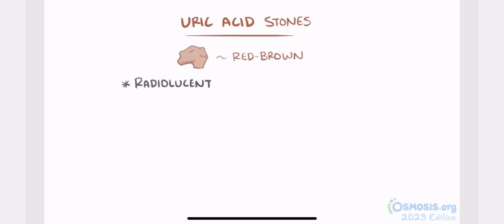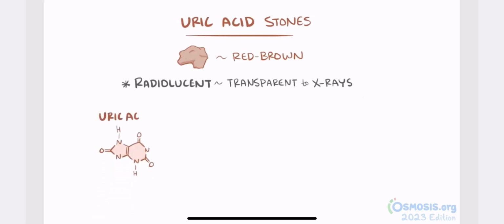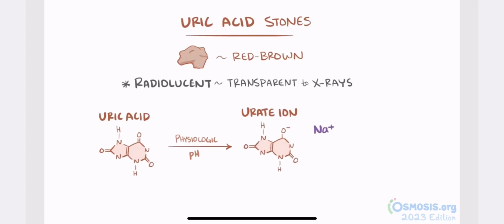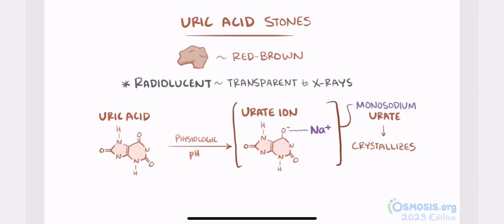There are also uric acid stones, which are red-brown in color and radiolucent under an X-ray, meaning that they're transparent to X-rays and don't usually show up very well. At a physiologic pH, uric acid loses a proton and becomes a urate ion, which then binds sodium, forming monosodium urate, which crystallizes and ultimately forms uric acid stones.